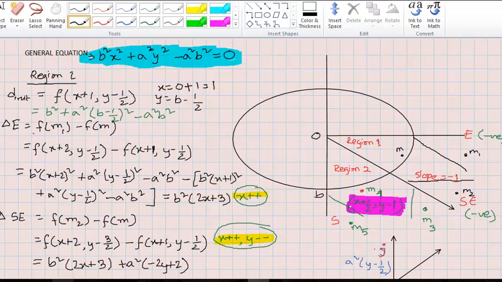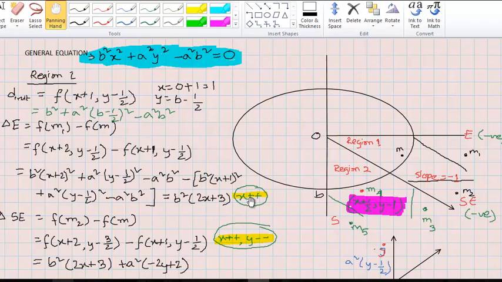Again, same way as we have done with all the other algorithms, first we find the fm1 minus fm, this is for del e. For fm1 the coordinate is x plus 2, y minus half, and the midpoint one is x plus 1, y minus half. Then again we plug in the values in the general equation, and we are left with this. And remember, the general equation always equates to 0.